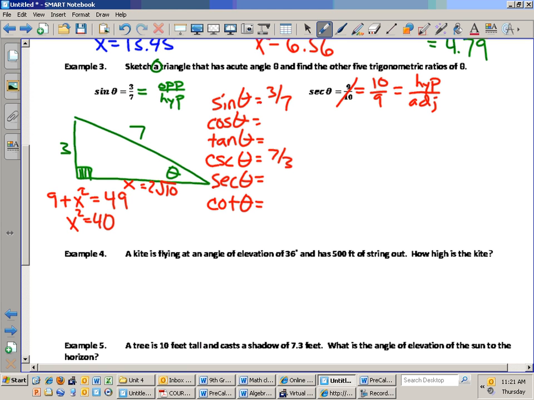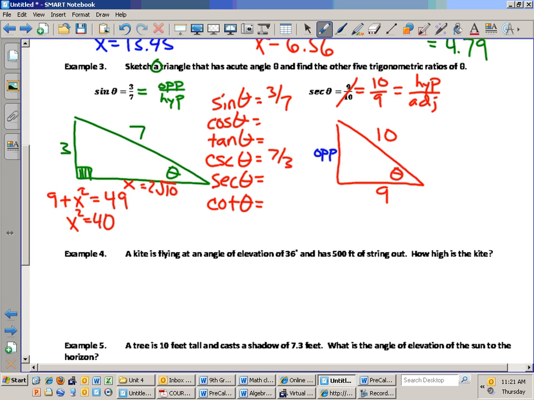Okay? And so as I construct a triangle that fits that mold, I need to find which side? The opposite in order to do all of them. In order to find the opposite side, I will use the Pythagorean theorem.